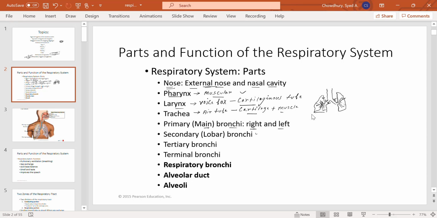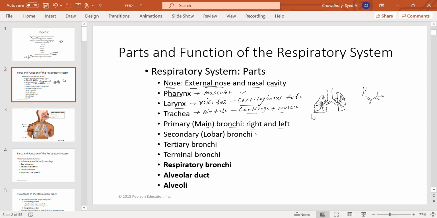Make sense? And then, like the branch of a tree, as they go more inside the lung, they divide again and again. So it's like a branch of a tree. Big branches give the small branches. Make sense?